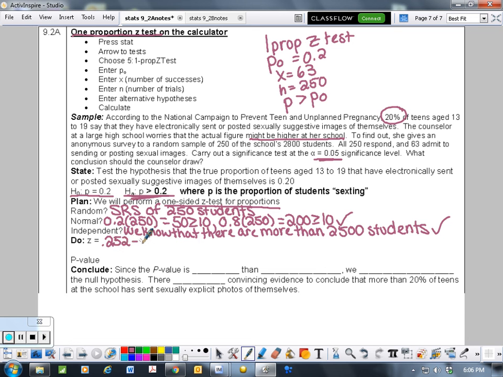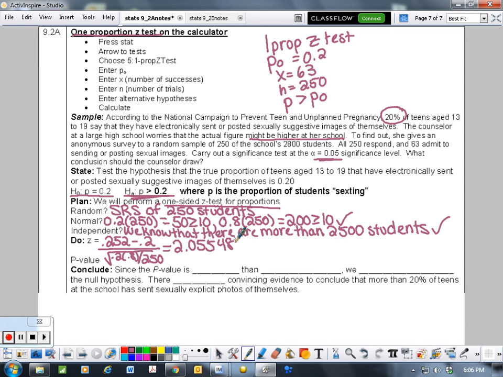0.252 minus our 0.2 all over the square root of 0.2 times 0.8 divided by 250. And you can check your calculation with what the calculator gave us. So the calculator gave us a z-score of 2.05548, and you can check with there.